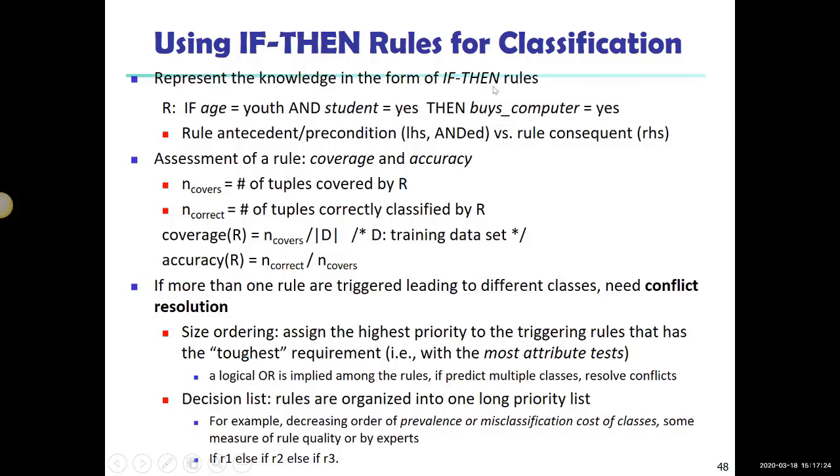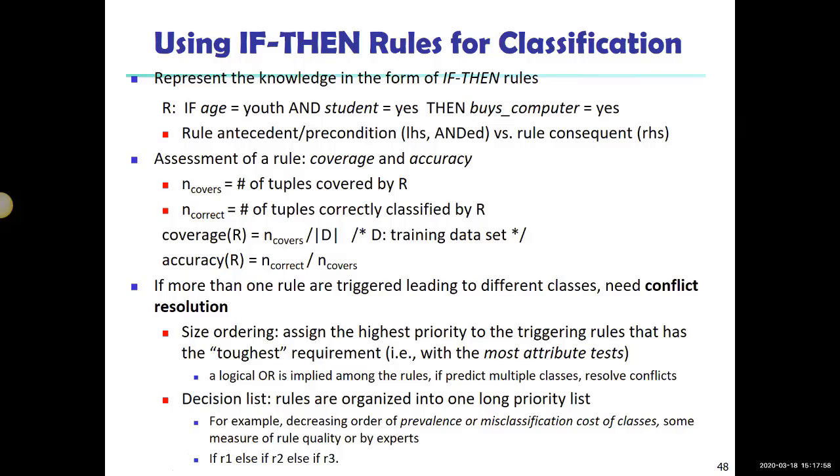So as we defined, a rule-based system is just a set of if-then rules. It could happen that more than one rule is triggered by one observation, so this observation meets the precondition of multiple rules. If those multiple rules predict the same class, then there's not a problem. However, if different rules predict different classes, then we have a problem. We need to resolve the conflict.